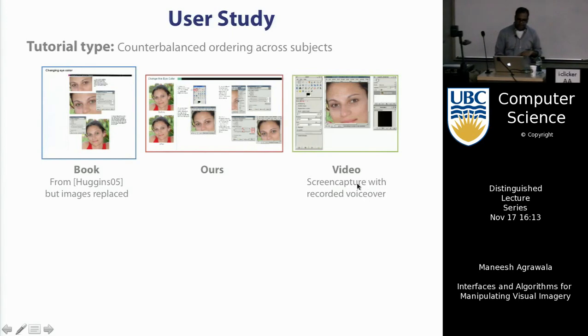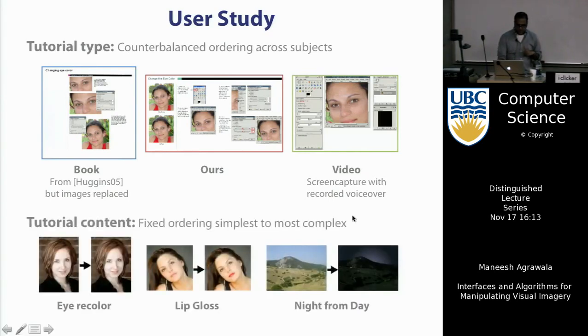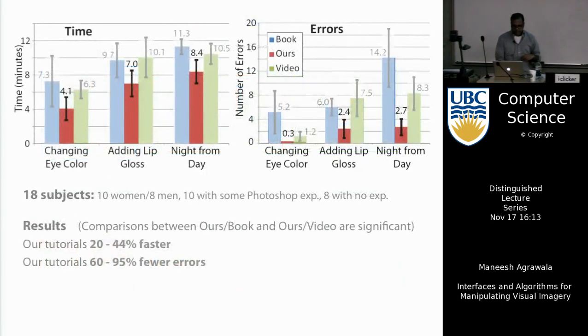And we also compared that to a video screen capture with a recorded voiceover. And we chose 3 different kinds of tutorials, and we gave them to people in a fixed ordering, from simplest, the eye recoloring only had a few steps, to the night from day, which had 17 steps, as I showed you before. And here are the results.